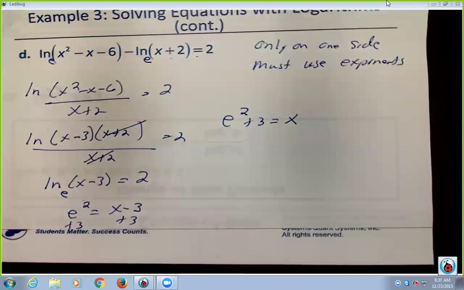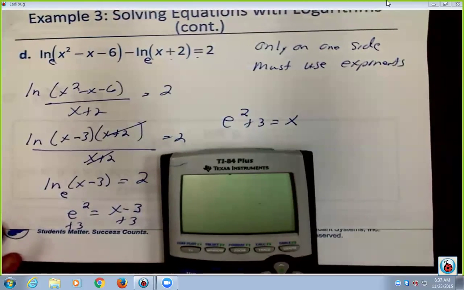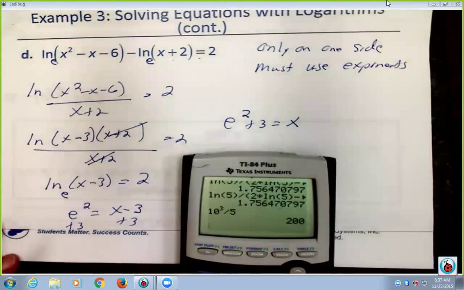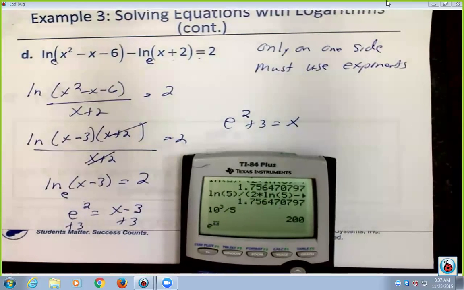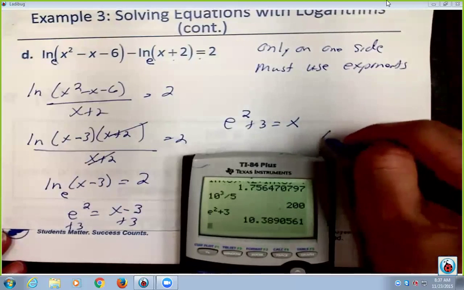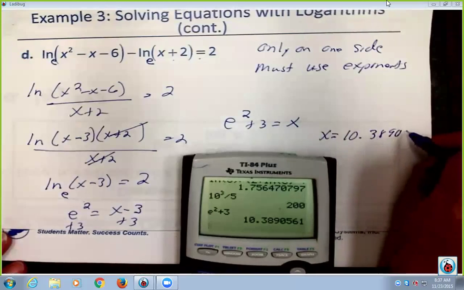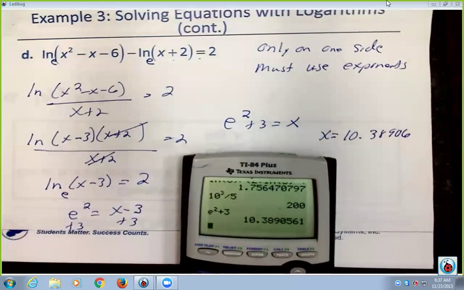Now I can get an actual answer for this one because now I can stick it on my calculator and go e, ln, second power, plus 3, hit enter, and I find that x is equal to 10.38906 if we round to 5 decimal places.